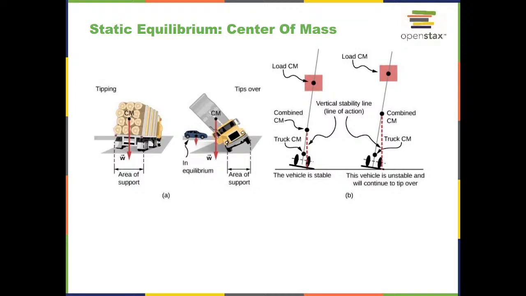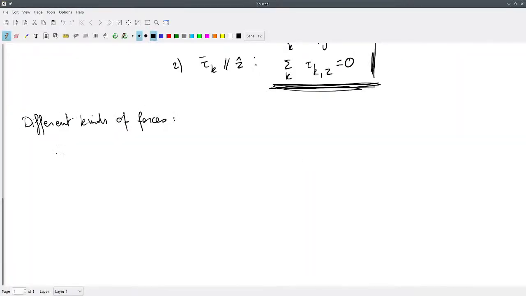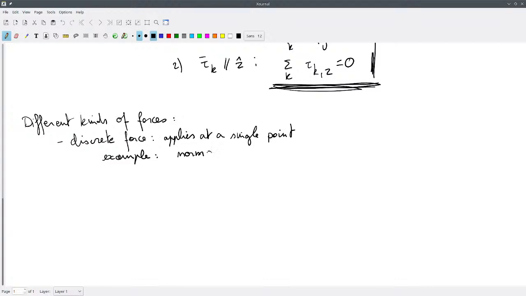It's at that tire, at the contact point between the tire and the ground. So that's a discrete force. It applies at a single point. An example is the normal force, or any kind of contact force.